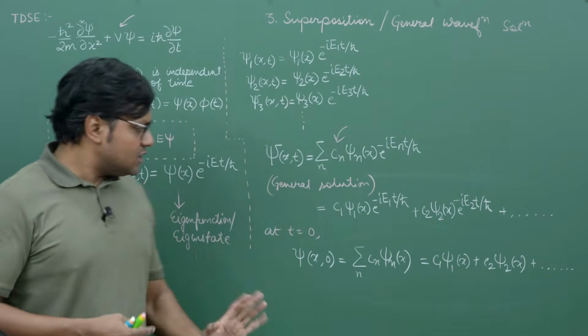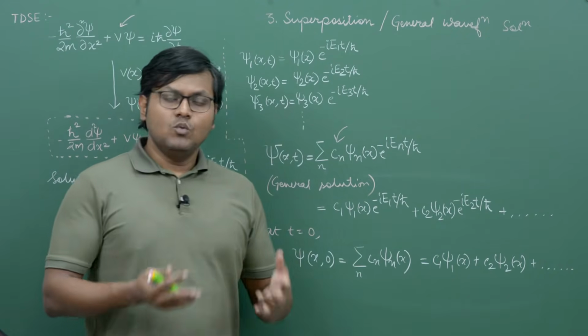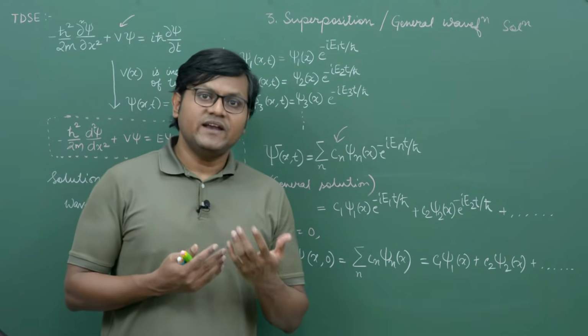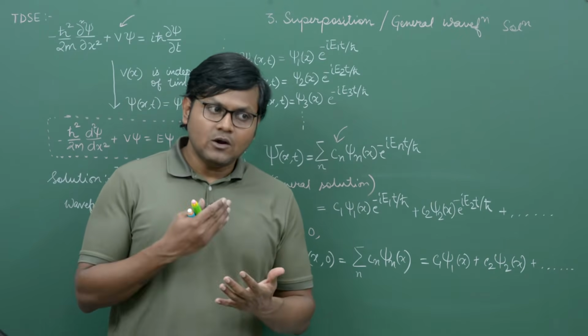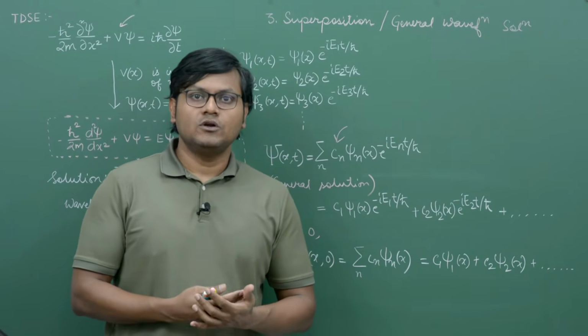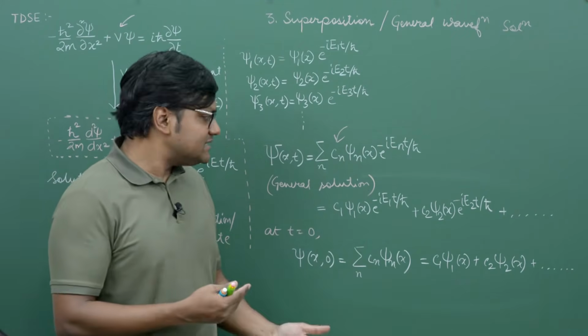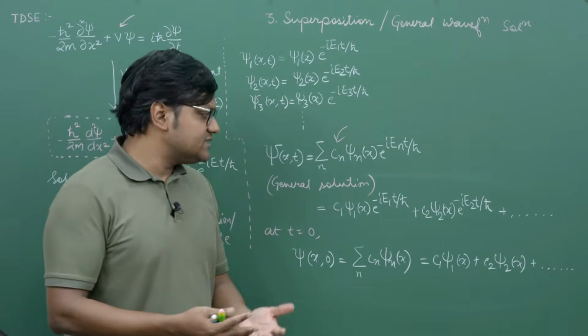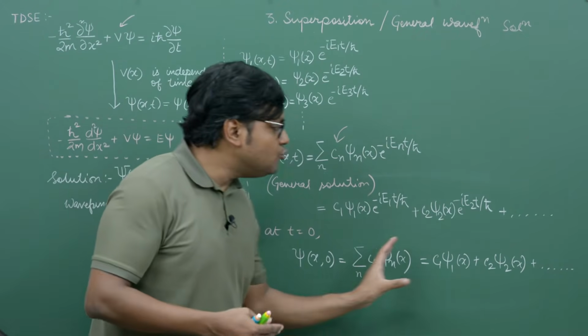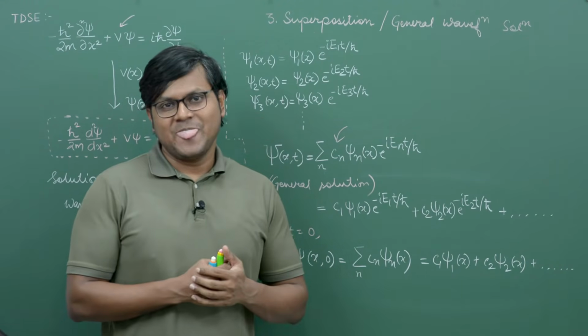So if I make a measurement on a given system, what is the answer that I'm going to get? Let's suppose I take a hydrogen atom and I want to find out where the electron is, what the energy of the electron is, what is the prediction by quantum mechanics? Quantum mechanics simply says that the hydrogen atom exists before measurement in a superposition of many states.